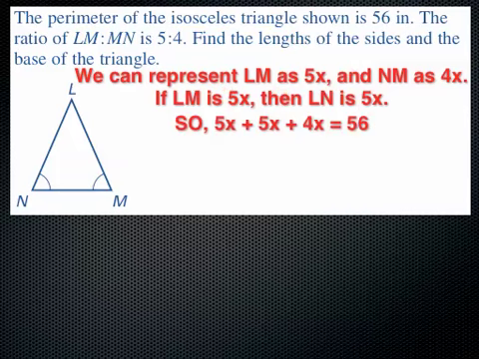So we can add together 5x plus 5x plus 4x equals 56. So my 3 side lengths added together equal the perimeter, which is 56. I can combine 5x plus 5x plus 4x to get 14x equals 56. Divide both sides by 14, and you get x equals 4.